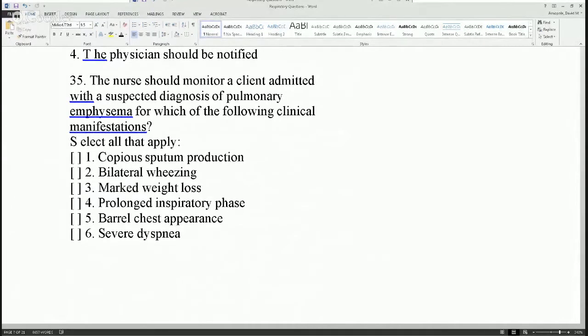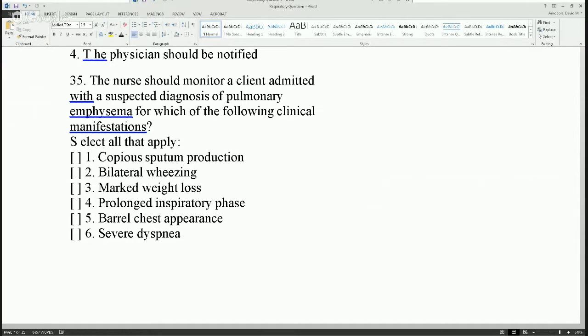Well, people with emphysema, if it's just emphysema, and it doesn't say anything here about bronchitis, they don't normally have a lot of sputum production. People with emphysema don't necessarily have that much wheezing. They typically can't eat because they're short of breath, so they do have weight loss. They don't have a prolonged inspiratory phase, they have a prolonged expiratory phase.